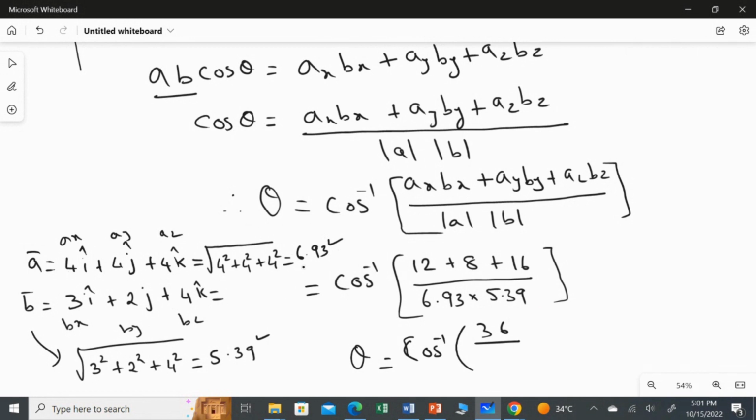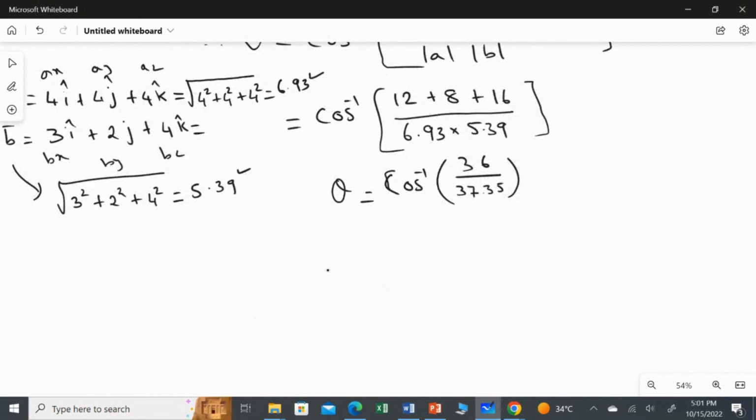I got 37.35. Therefore, my theta is equal to cosine inverse of 36 over 37.35.